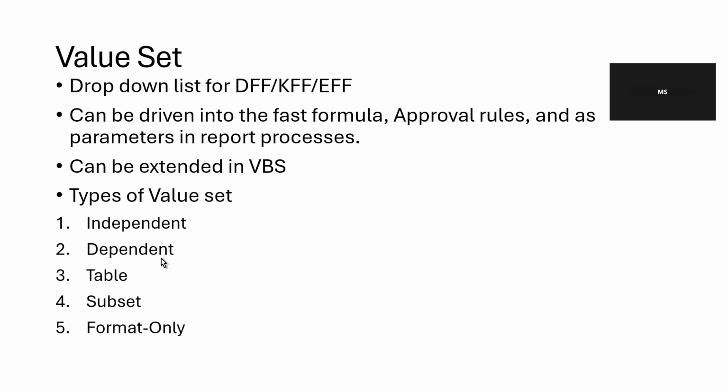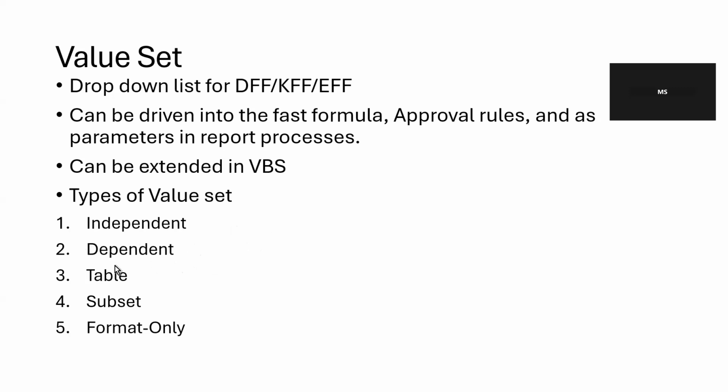The dependent value set is like creating a context, and based on this context, the fields are generated. For example, we have a country field, which acts like an independent value set, and based on the country chosen, the state has to populate. So that would be a dependent.